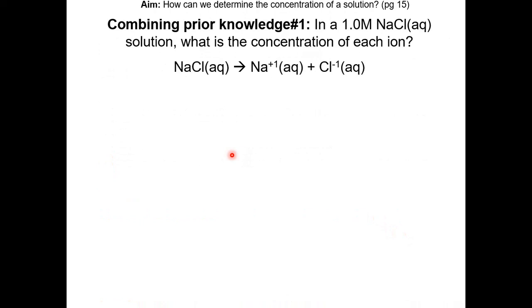Before we get into the calculations involving molarity, let's get a better understanding of the concentration of ions in an aqueous ionic compound. Let's say in a 1 molar NaCl aqueous solution, what is the concentration of each ion? Since NaCl is an ionic compound, when it dissolves in water, it will dissociate completely. It will form sodium ion and chloride ion.